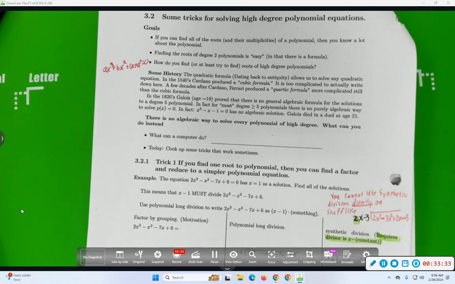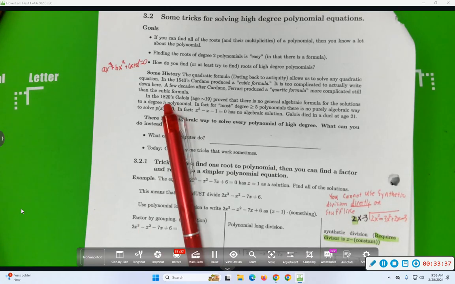That was the state of things for a while until the 1820s, when a mathematician named Galois, then aged 19, proved that there is no general algebraic formula for polynomials of degree 5 or more. So there is no quintic formula.